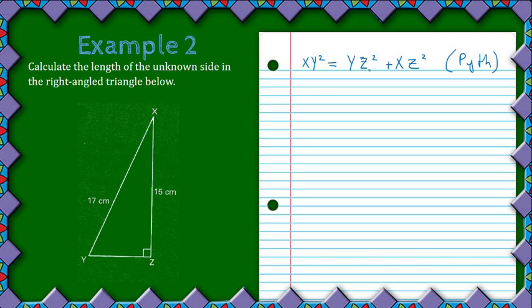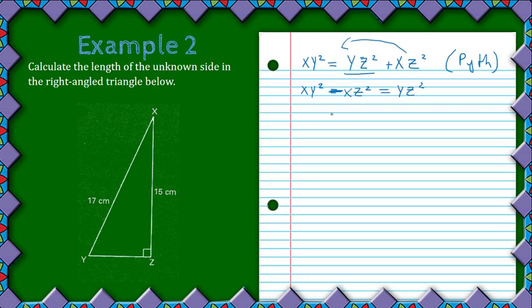Now we want to find this side. So in order to find that side, we need to take the other short side over to the other side. This will leave us with XY squared minus the other short side, XZ squared, equal to YZ squared.